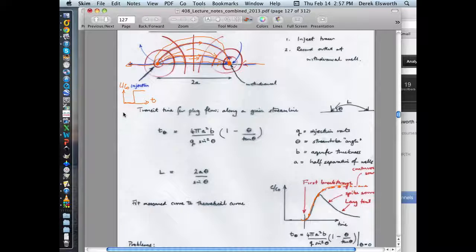If the input function was this spike function that looked like this, whoops, should be just vertical, again C over C0 and time, then the arrival response would reach some peak, and then because it's all worked its way through from the upstream well to this point here, it would start falling off.